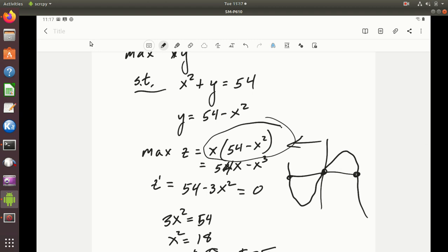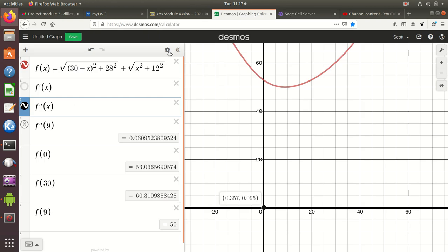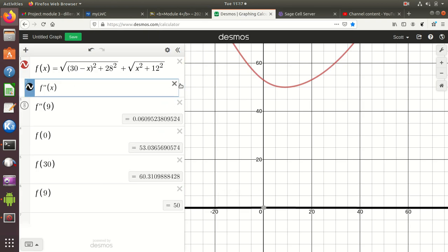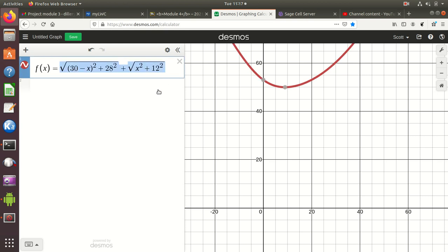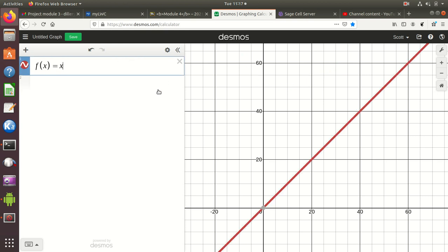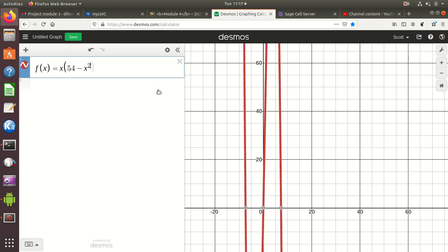And so let's go to Desmos. In Desmos, we can get rid of a bunch of this stuff. This is all holdover from another one. So we'll go F here, and that was x times 54 minus x squared.